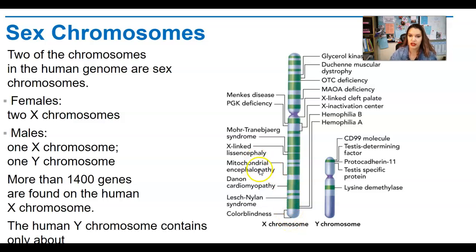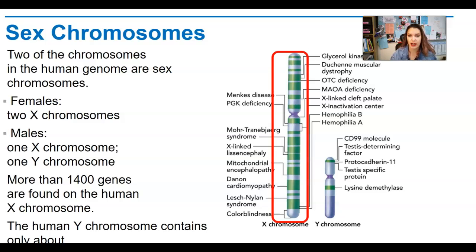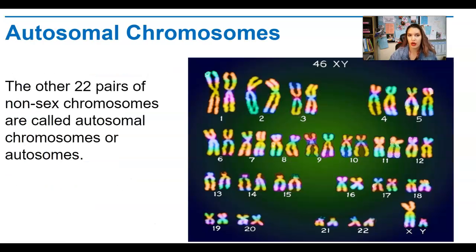So some of these are lissencephaly, that's like a brain disorder, and there's cardiomyopathy, which is a heart disorder, and color blindness would be on the X chromosome down here, different types of hemophilia, and we now know where to find all of these genetic disorders, and we'll be talking about biotechnologies soon and how gene therapies are made for different genetic disorders.